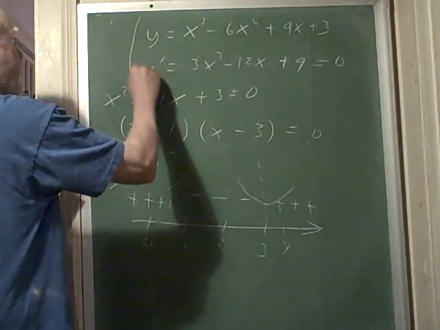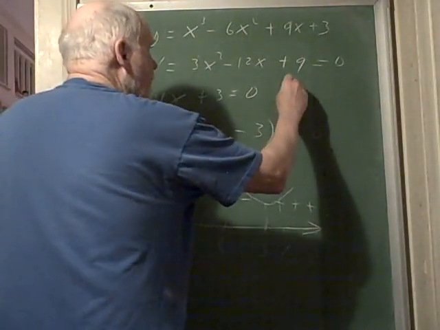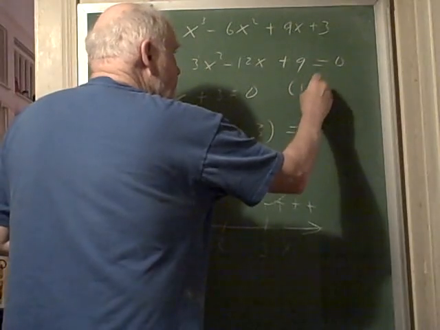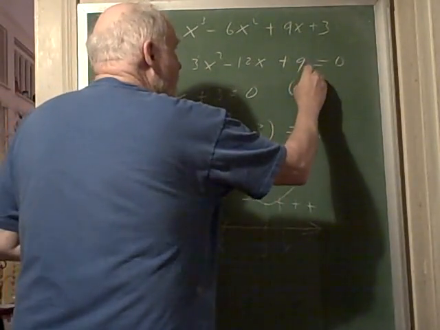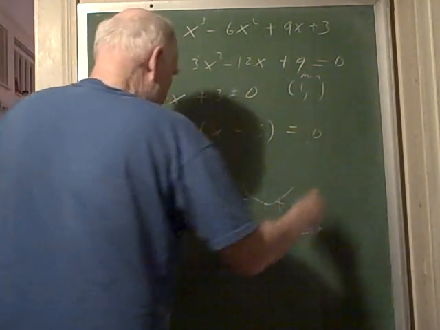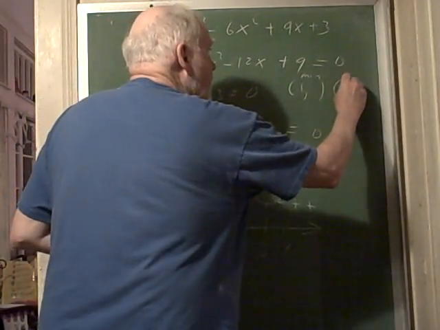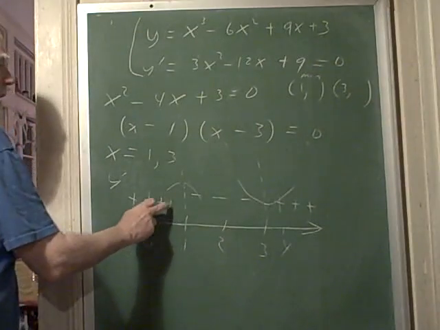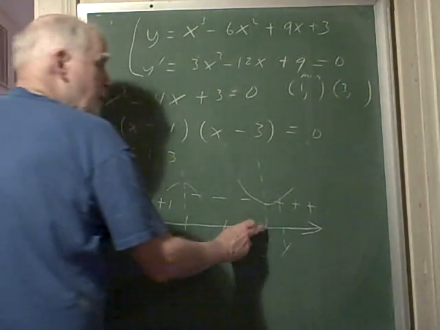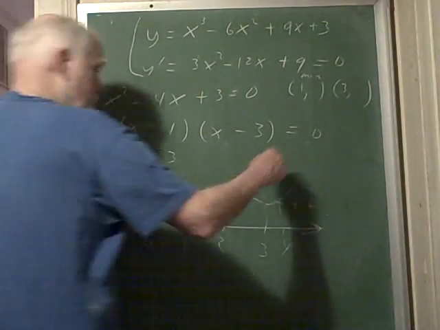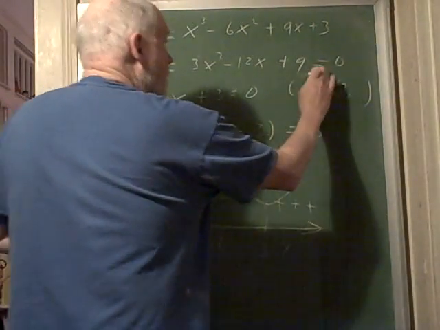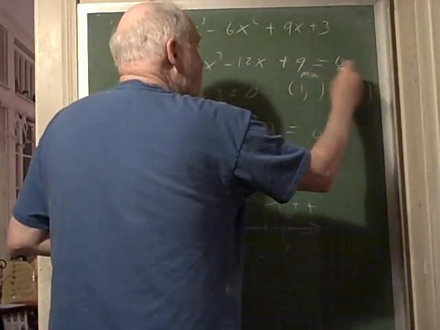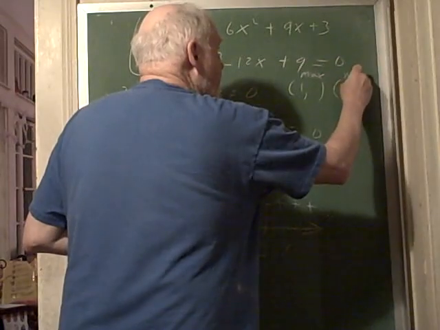I'll give myself some room here, and I'll say at 1 and something, I'm going to have a little relative max. At 3 and something, I'm going to have a little relative min, so I better put max here, right? Otherwise, I'll be wrong. A max, and I'll put a minimum here.